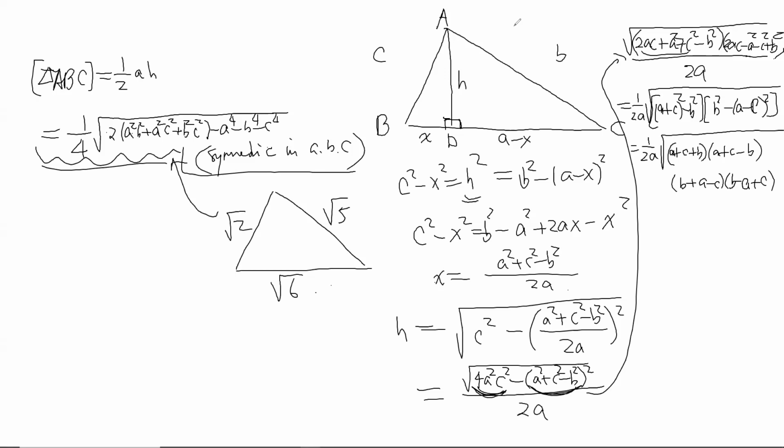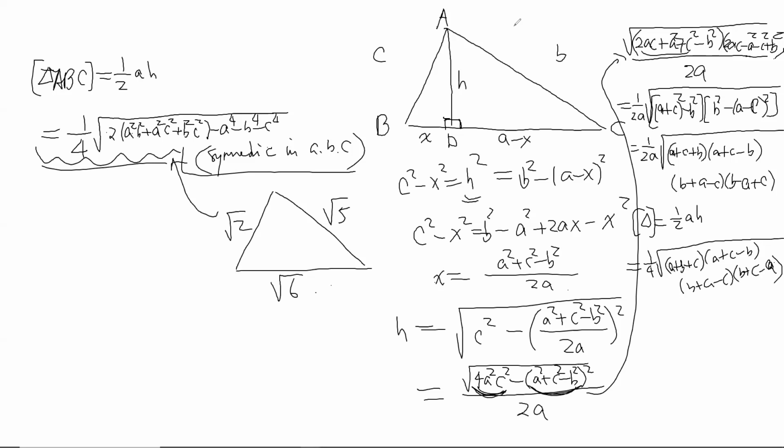So let's do the area formula. So the area of the triangle equals 1/2 of a times h, which is 1/4 of square root of a plus b plus c, a plus c minus b, b plus a minus c, b plus c minus a there, right?